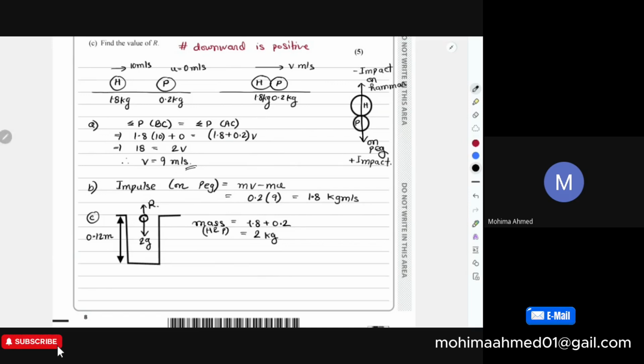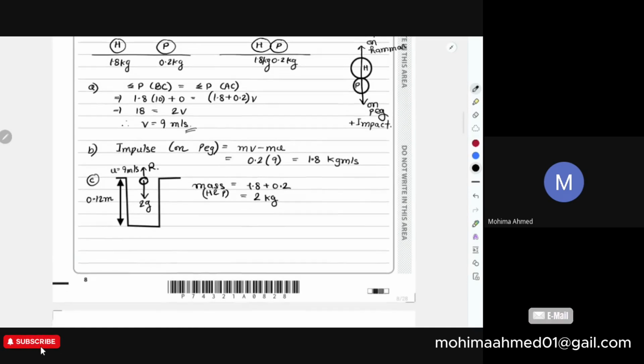So this 9 could be their initial velocity here, and because of the resistive force, they eventually come to rest at the bottom of this 12 centimeters, which is going to be 0 meters per second. So initial velocity was 9 for the entire system, and final velocity was 0 because they eventually came to rest after entering 12 centimeters into the ground.